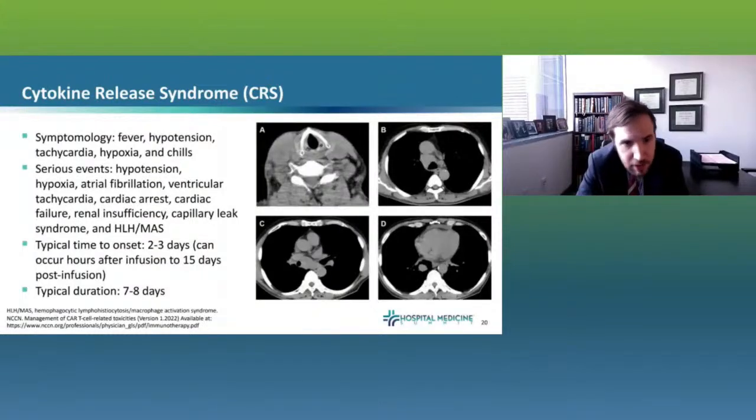This can typically happen about 2 to 3 days after the patients get their cells, and you can actually see it happen just within hours of the infusion. I have seen that happen, and it can be as much as 15 days after the infusion, and it usually lasts for 7 to 8 days.